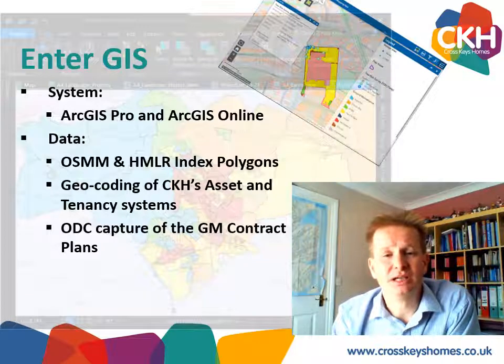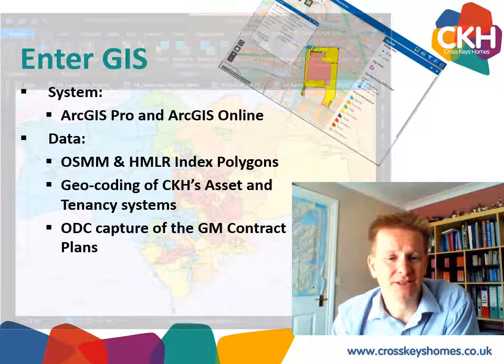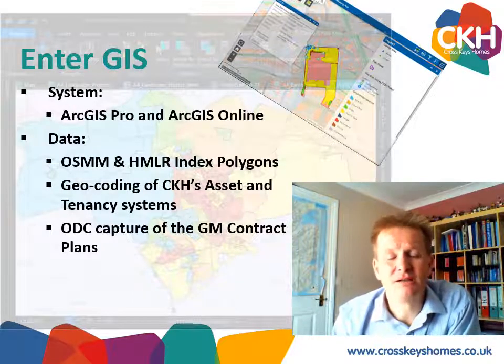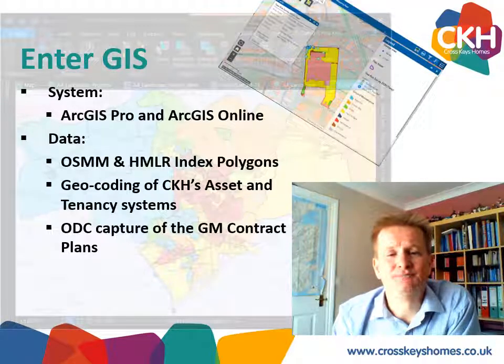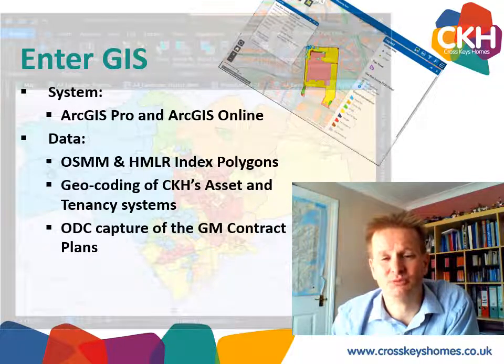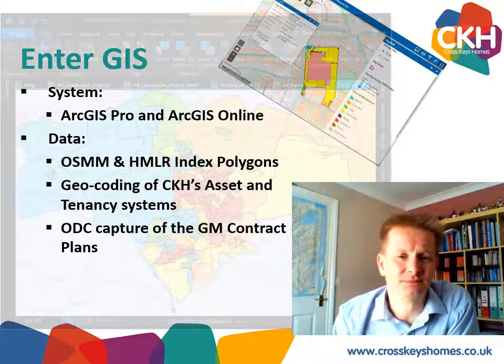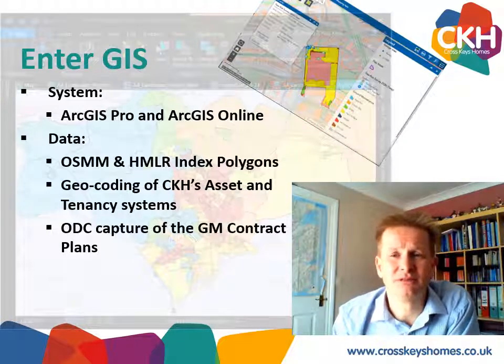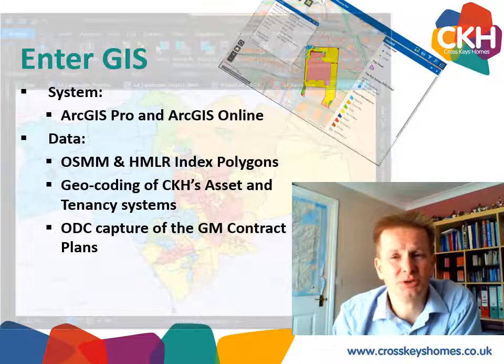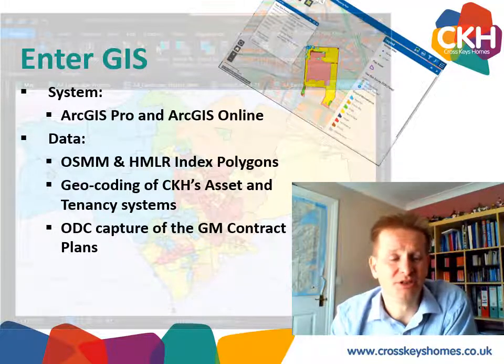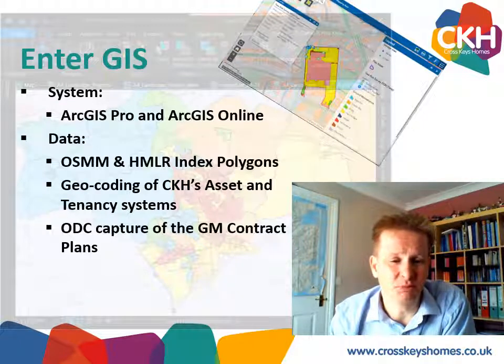We geocoded our asset and tenancy systems so they're all spatially aware, and then undertook the exercise of capturing our ground maintenance contract data with support from ODC. Once we had all this put together, we then rolled out the GIS across the organisation, providing a solution to address the ground maintenance and land ownership problems we were having.